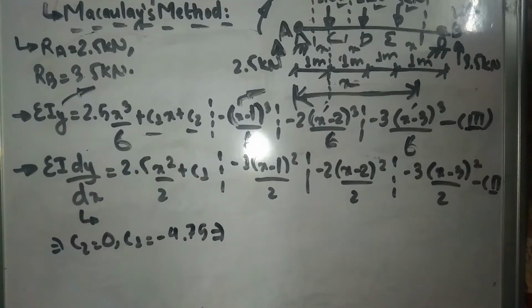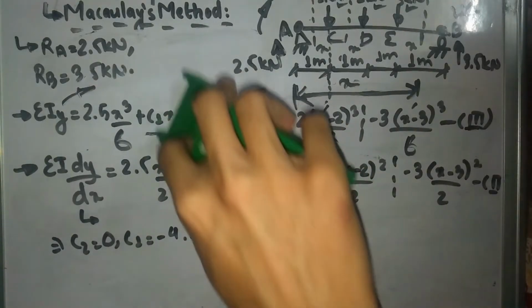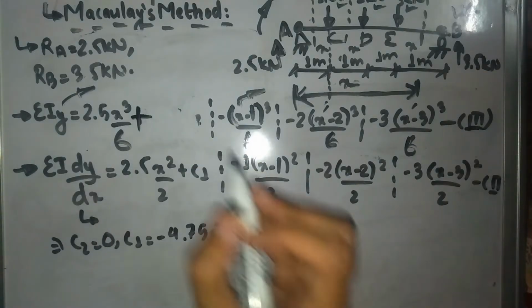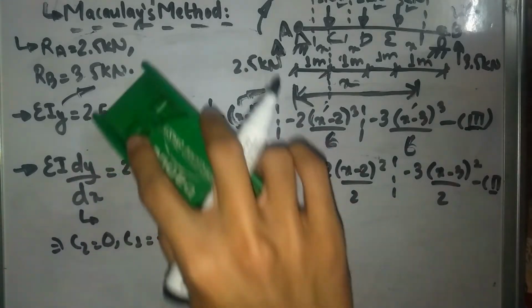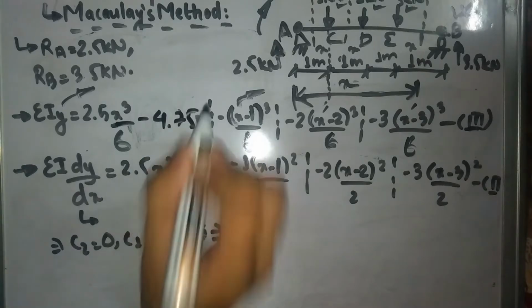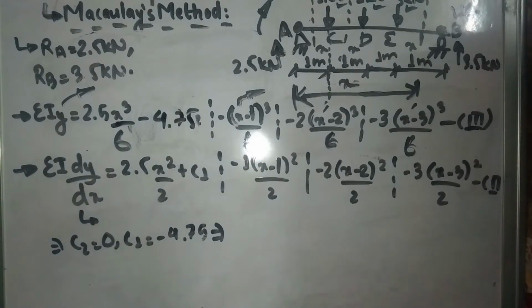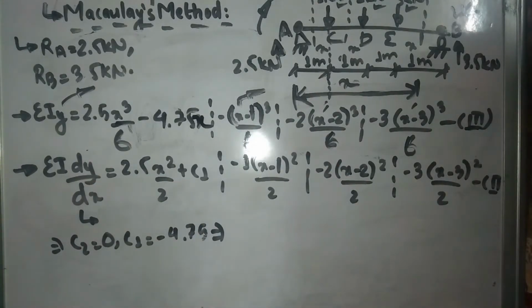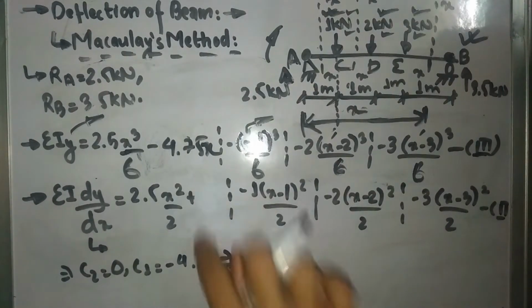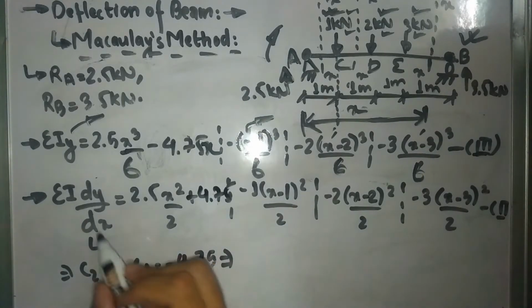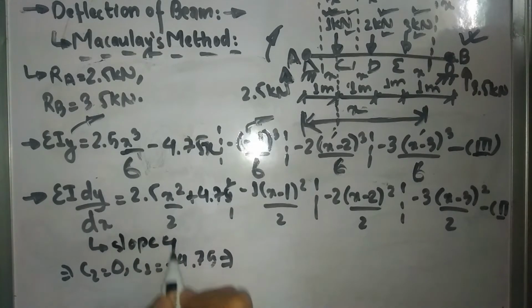My c2 is 0, so we're going to simply remove c2, and c1 is going to be minus 4.75, so we get minus 4.75 x. And for the slope equation I'm going to put my c1 as 4.75. So this is going to be my slope equation, and this is going to be my deflection equation.